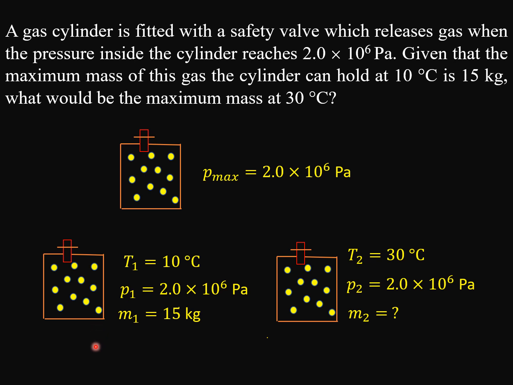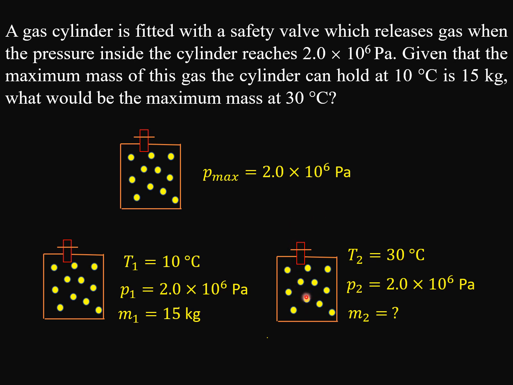Now, if we heat the gas to the new temperature, T2 equal to 30 degrees C, then of course the pressure of the gas would exceed this maximum value, 2.0 times 10 to the power of 6 Pascal. But the valve will automatically open and allow some of the gas to release.